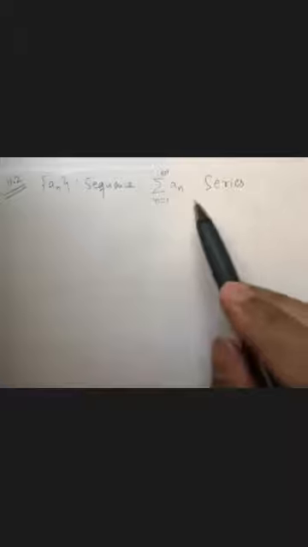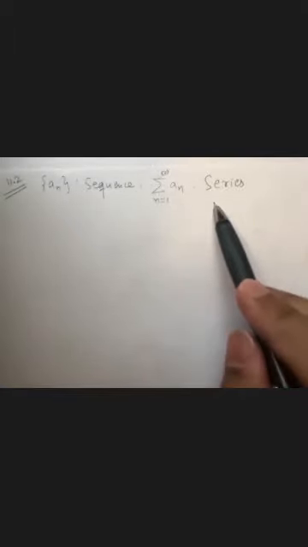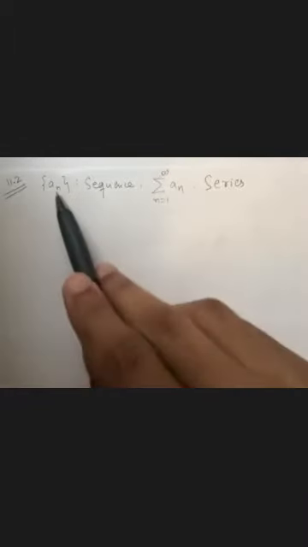This is what we call series. So we are mostly interested in the same question, whether it's convergent or divergent, the sum. So we are interested in the sum of the sequence.